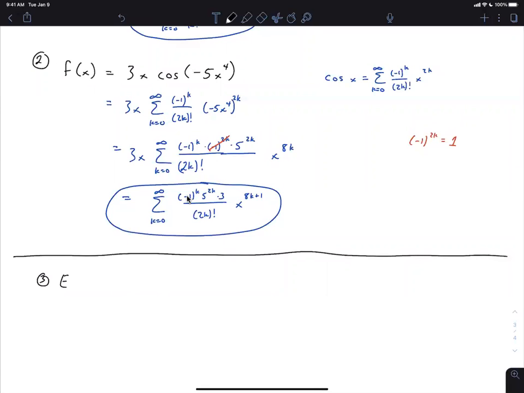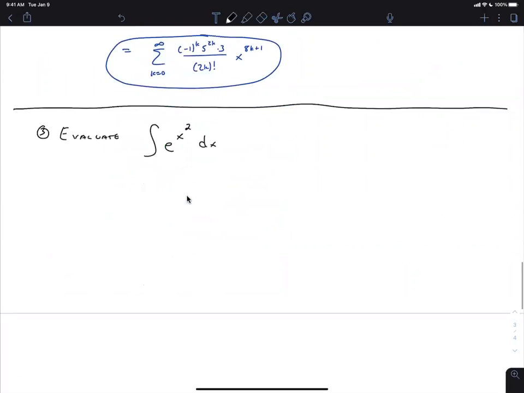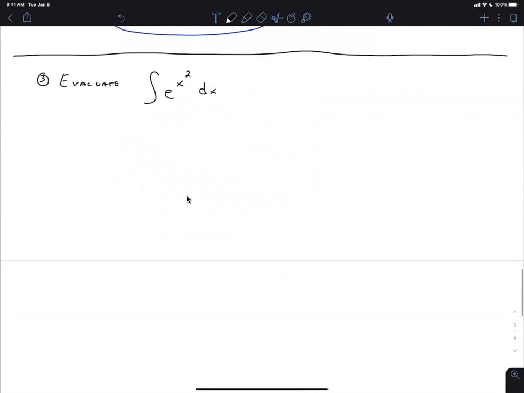Okay, so the next problem we're going to do: evaluate the integral of e to the x squared dx. This is an integral that I think we mentioned a while ago that you actually can't do using any standard integration technique.